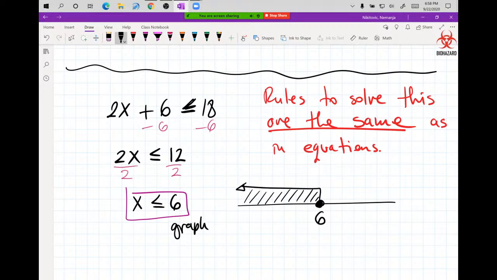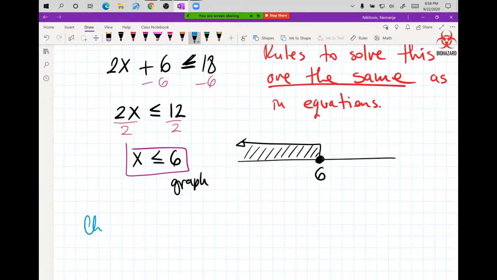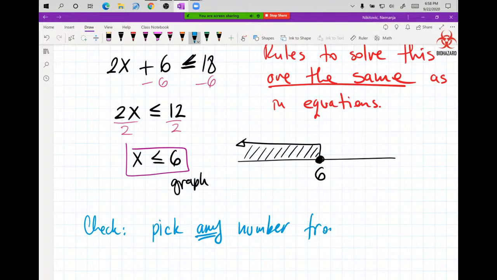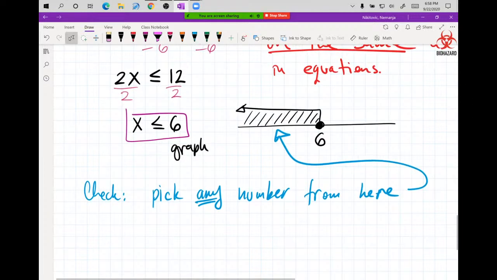So if I want to check this, we pick any number from here. Give me one number from there. 4. Okay, pick x equals 4, plug in.